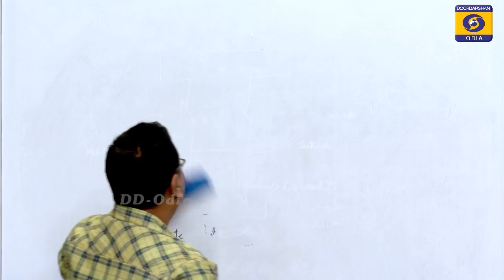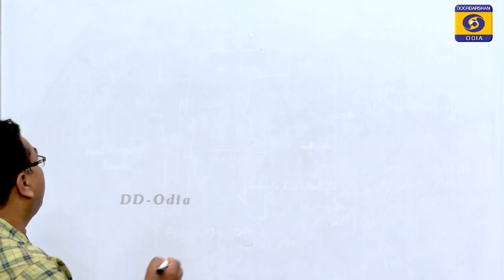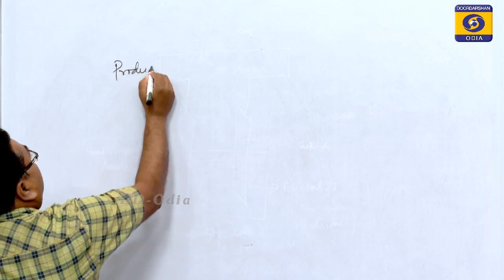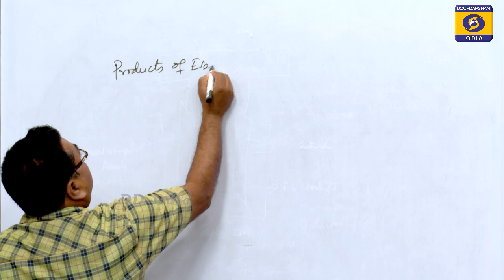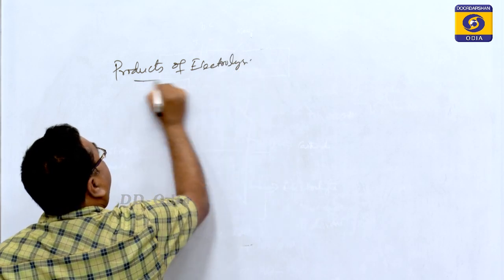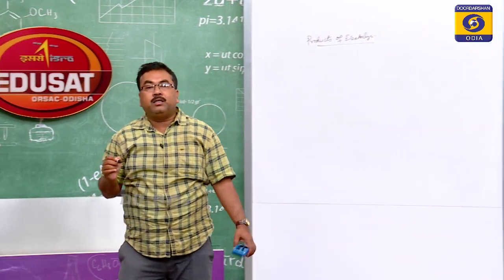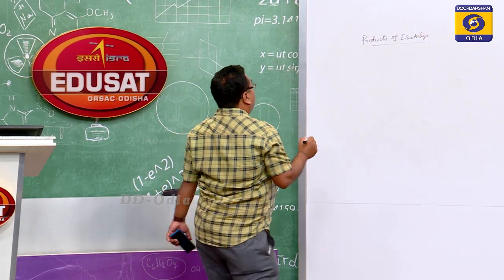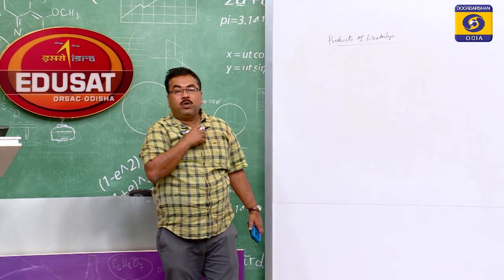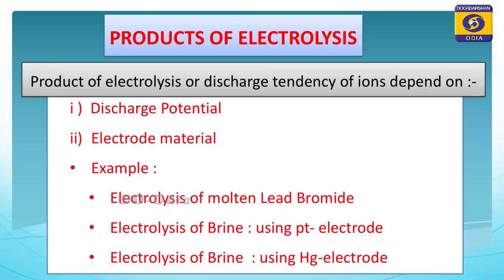To understand the functioning of the electrolytic cell better, we shall cite examples where we expect the products of electrolysis. The products of electrolysis depend upon two factors: one is the discharge potential, another is the electrode material. Discharge potential is the minimum potential that a particular kind of ion, cation or anion, requires to reach the particular electrode.